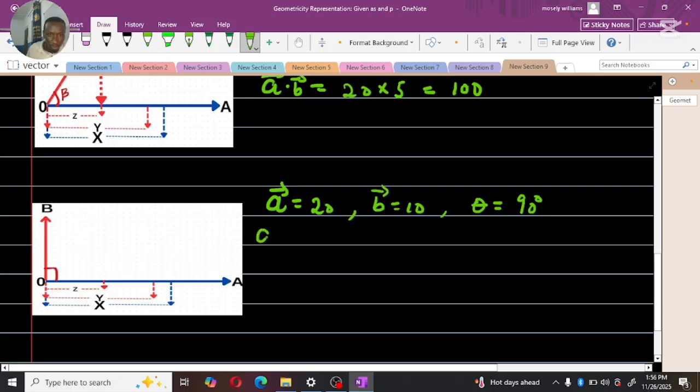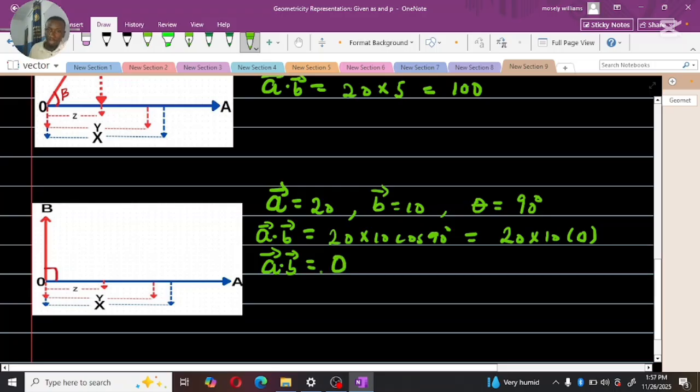Our dot product will be equal to 20 times 10 cos 90 degree. Cos 90 is 0. What do you observe? 10 times 0 is 0, 20 times 0 is 0, which means that our dot product here will be 0. So everything stated earlier is very, very correct.